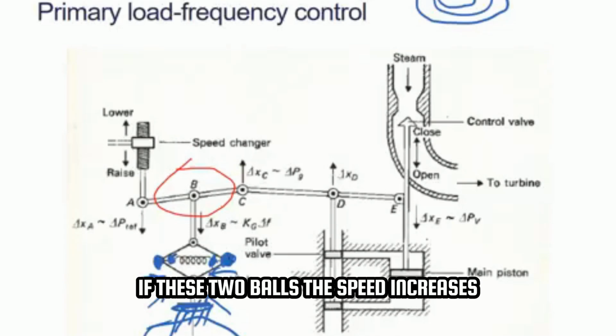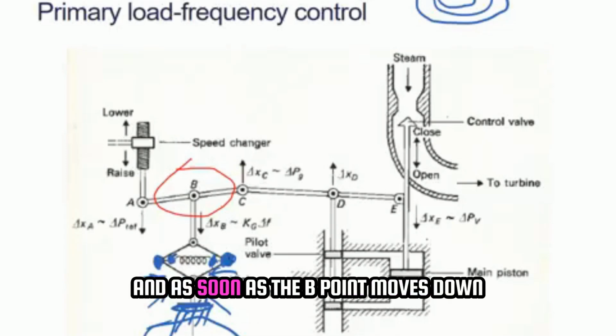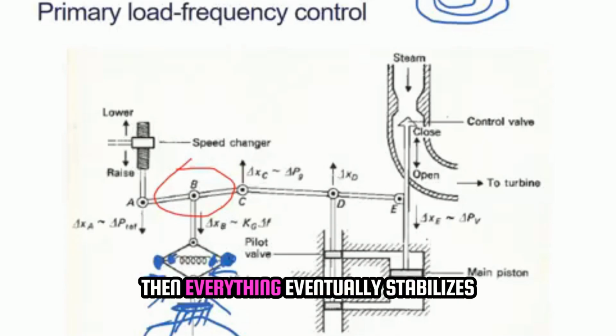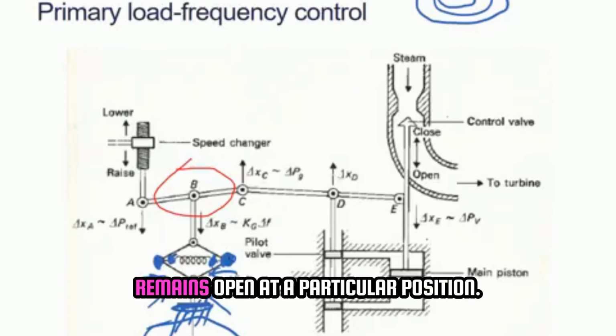If the speed increases, these two balls will move away, and they will push the B point down, and as soon as the B point moves down, everything eventually stabilizes at an equilibrium point where the valve remains open at a particular position.